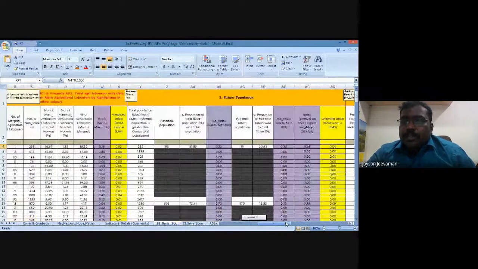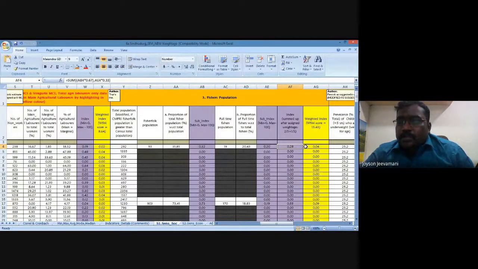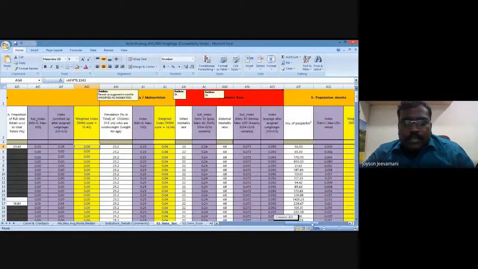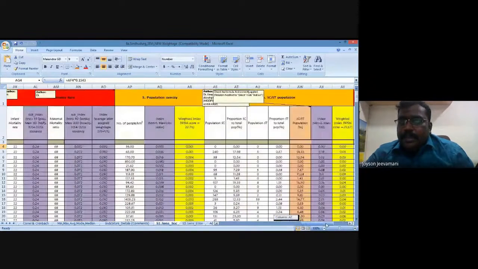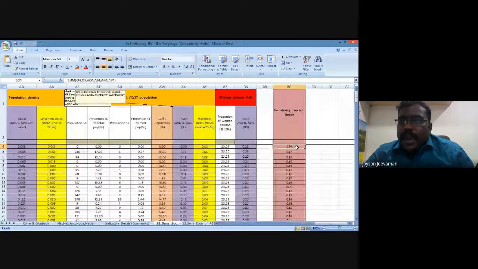For example, for the fisher population, like that, we will estimate the index with min-max normalization, and then use the weightage for this indicator. This 15.43 is the weightage, so we will take 15.43% of this value. Like that for all six indicators in the social component, and then finally we add all these weighted scores.